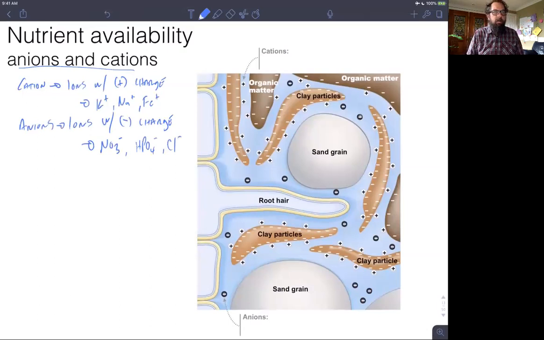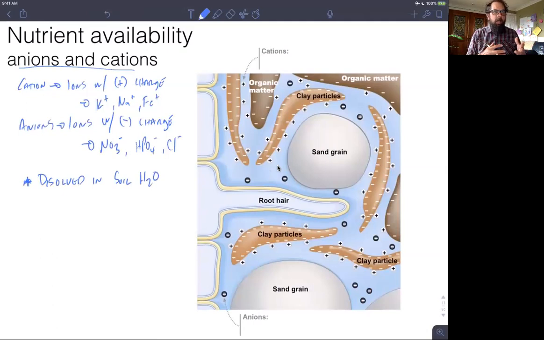These are all found as anions and cations, and so these are dissolved in the soil water. As such, those anions and cations can interact with charged particles throughout the matrix.